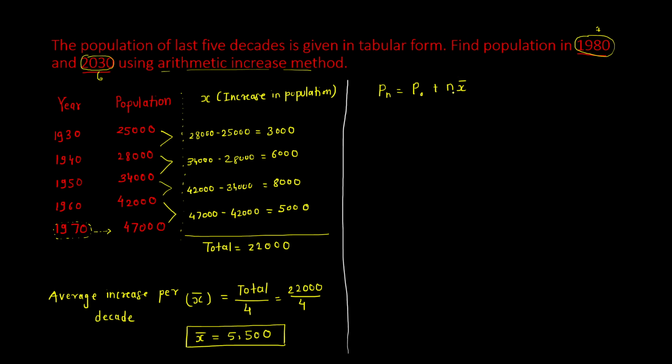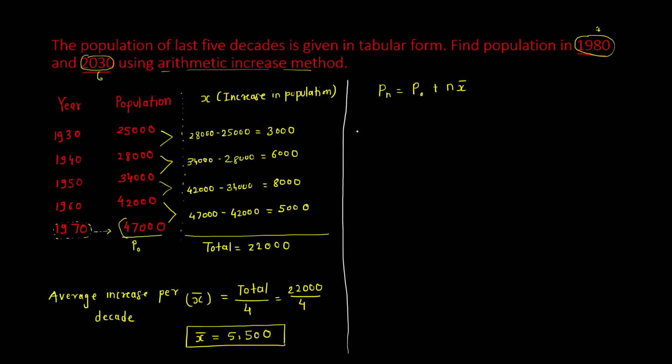This x bar value we have found, it will be constant now, 5500 for this data. This P naught value is the latest value of population that we know. What is the latest value of population? It is 47,000. So this is the value of P naught. And this Pn is the value that we want after how many decades.